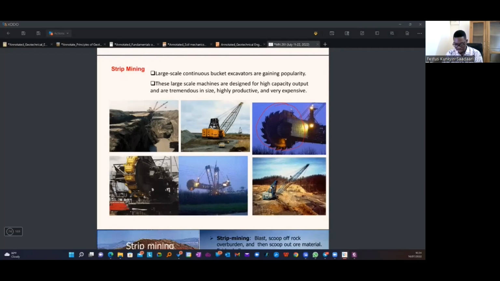Bucket fill, that is the name, bucket fill excavator. It cuts the material and dumps it onto a conveyor that is in the boom of the machine. And then it pushes this material beyond to wherever we want to process it. So let me see, bucket fill excavator.